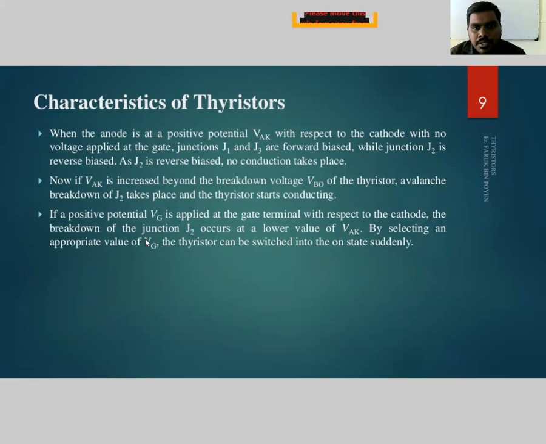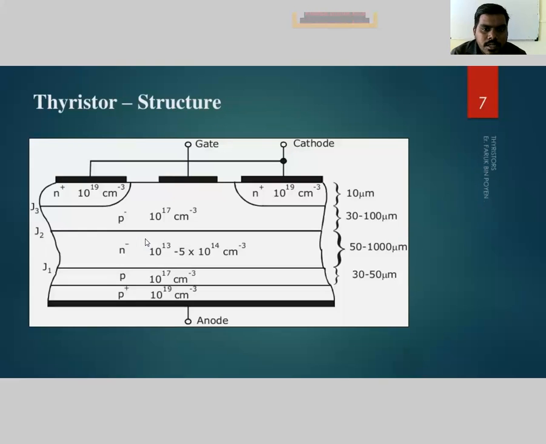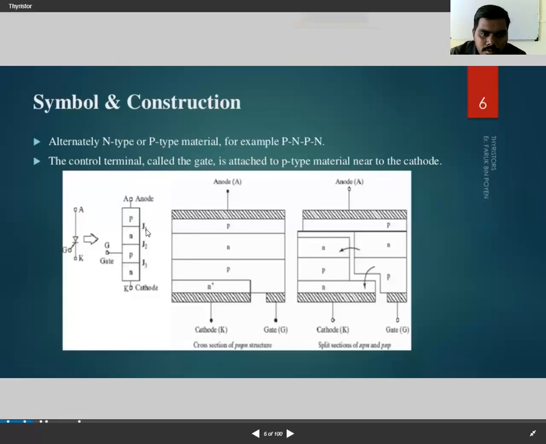Let's suppose the anode is positive, so VAK is the voltage across anode and cathode. When the anode is positive with respect to the cathode, with no voltage applied at the gate, means if there is no gate voltage applied, then junctions J1 and J3 are forward biased.